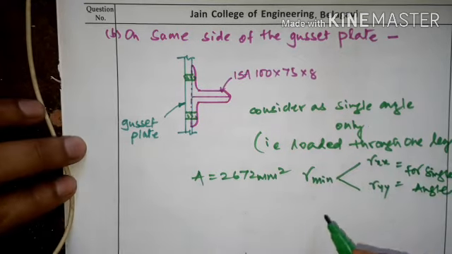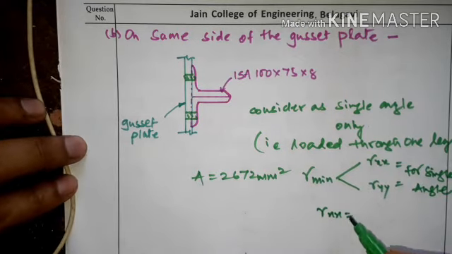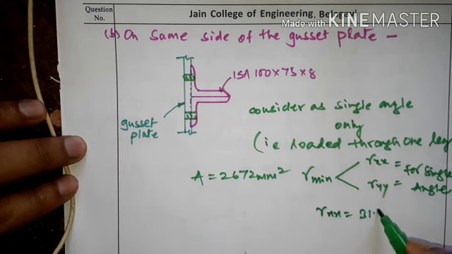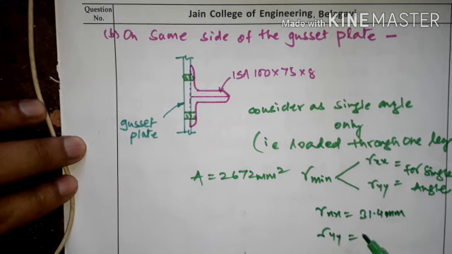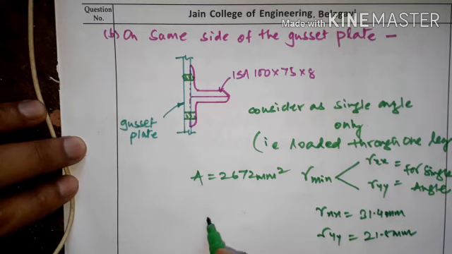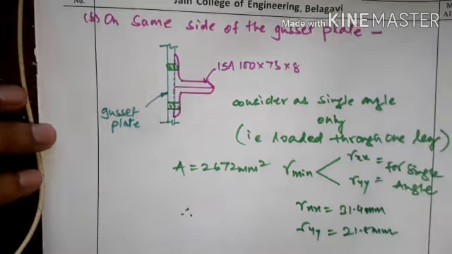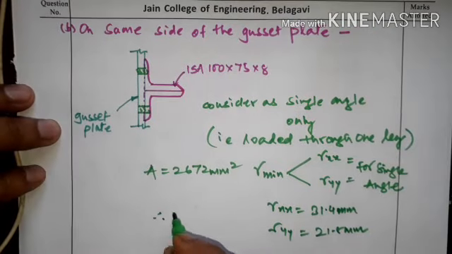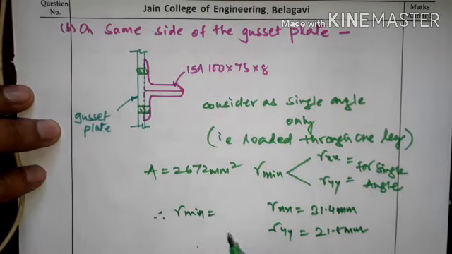So I'll note down rxx is equal to 31.4 mm, ryy is equal to 21.8 mm. Therefore r minimum is equal to 21.8 mm.